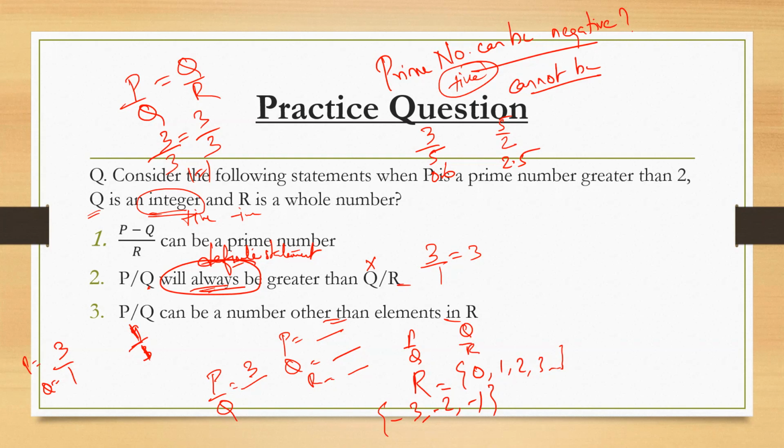That can also be there. I hope everyone is clear here now in this question. Yeah, exactly. It can have negative elements also, P by Q.